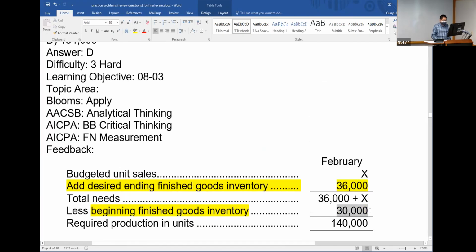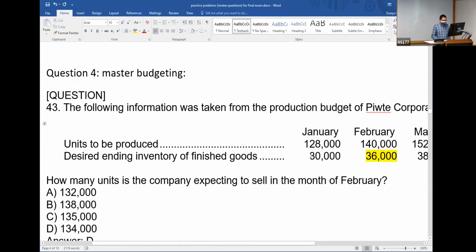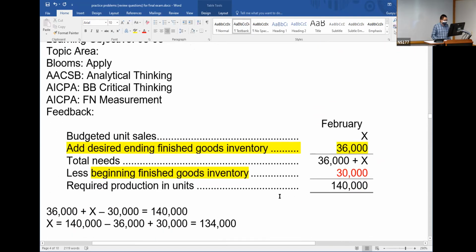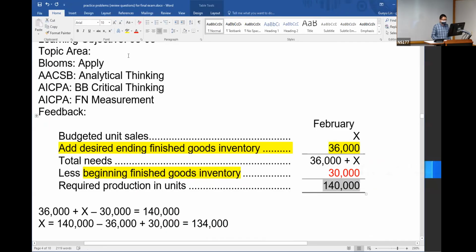Here is how we get the 30,000. We get 30,000 from the question, because it told us the ending inventory for January is 30,000, and this should also be the beginning inventory for February. If we use the total needs minus the beginning inventory, we get the required production in February, which is 140,000.